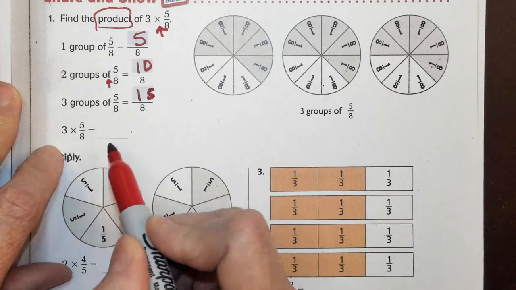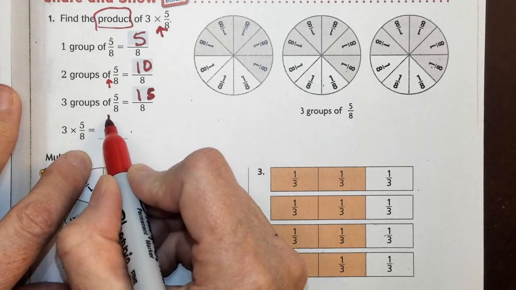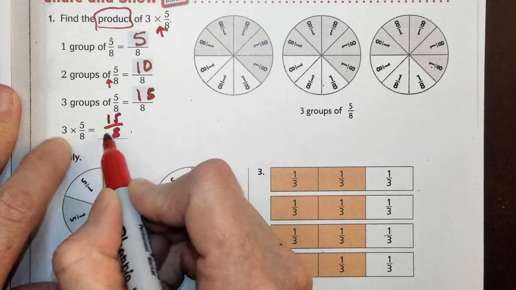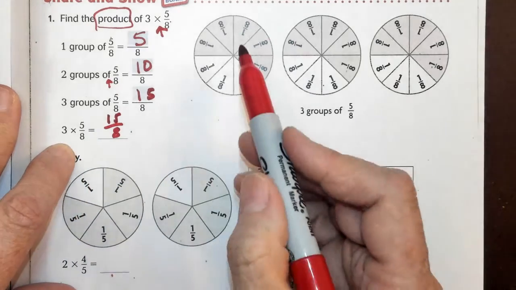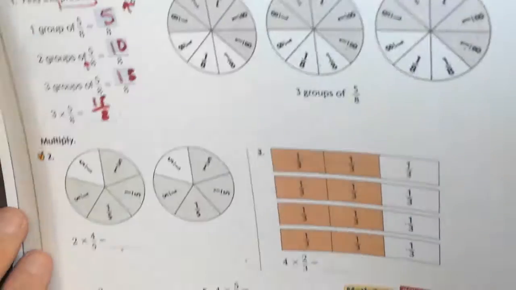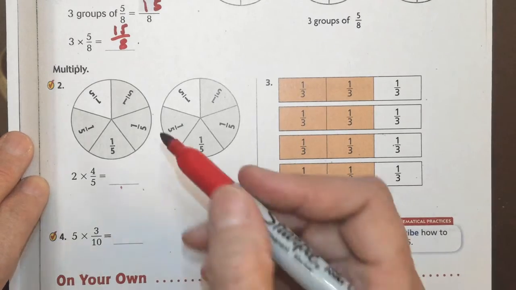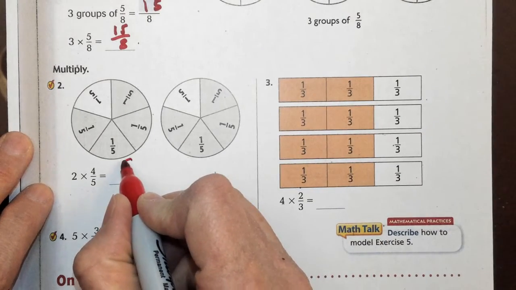So again, the product of the whole number and the fraction is 15/8 because that denominator just stays there. It just says that each whole is divided into 8. So please do number 2 by yourself right quick, and then check it out and see if you get what I'm putting down.